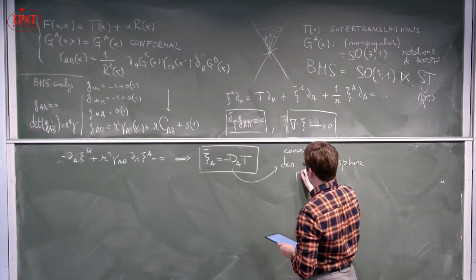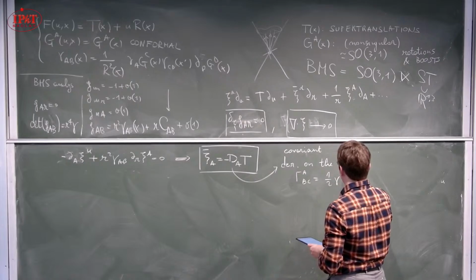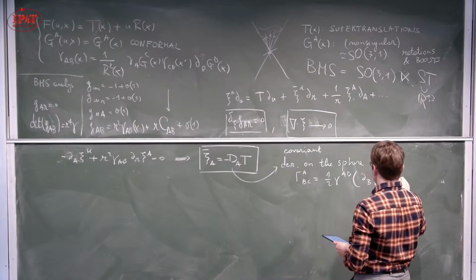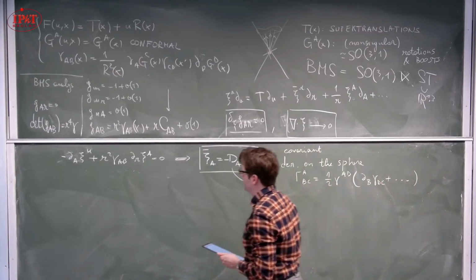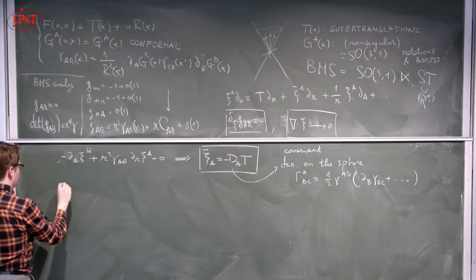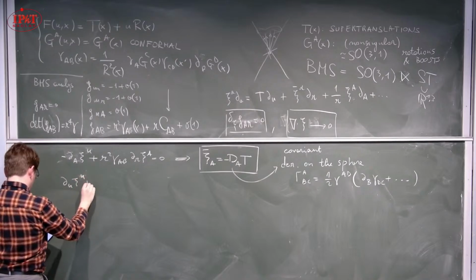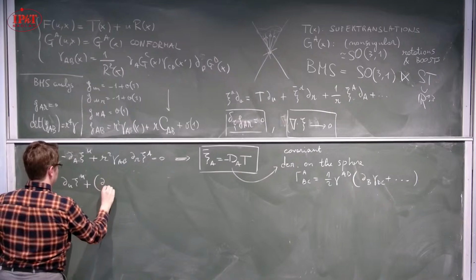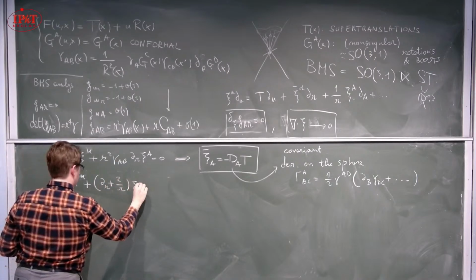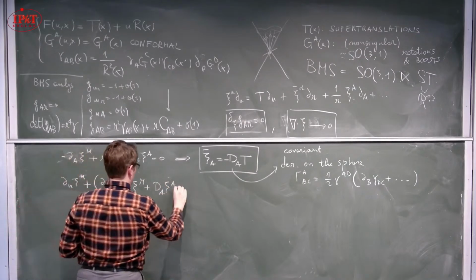So if you want the Christoffel symbols, with gamma_AB, but for the scalar it doesn't matter. It matters later on. And the other condition about the divergence is ∂_u ψ^u plus ∂_r ψ^r plus 2 over r ψ^r plus D_A ψ^A equal to 0.